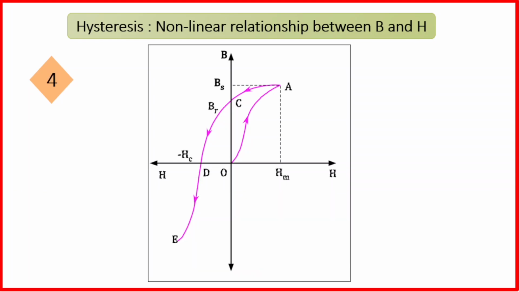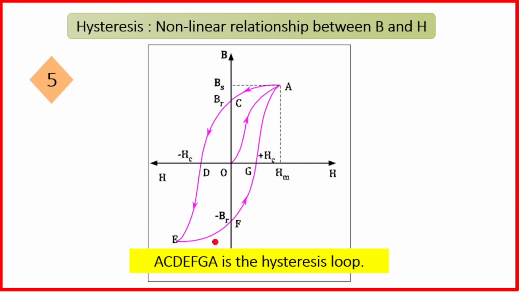If the magnetizing field H is now further increased in the negative direction, the magnetic induction B increases and reaches the saturated value in the reverse direction at the point E. On reversing and increasing the field again, the magnetic induction B follows the curve EFGA, similar to ACDE, and it yields the negative retentivity minus Br and a positive coercivity plus Hc.